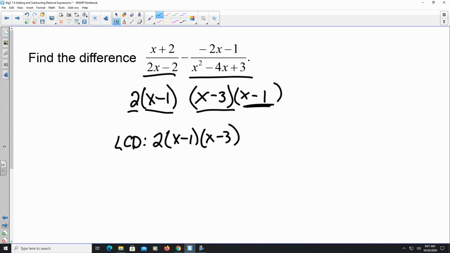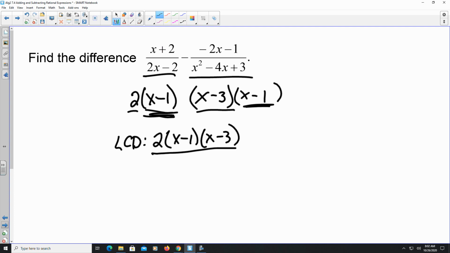Since it's a repeat of the x minus 1 from right here, I only have to write that once. If there was another one, then I'd have to write that one again. But because there's only one repeat, I don't have to write it again. So my LCD in this particular situation is 2 times the quantity of x minus 1 times the quantity of x minus 3.